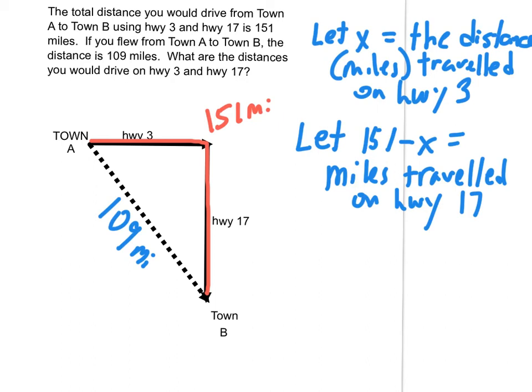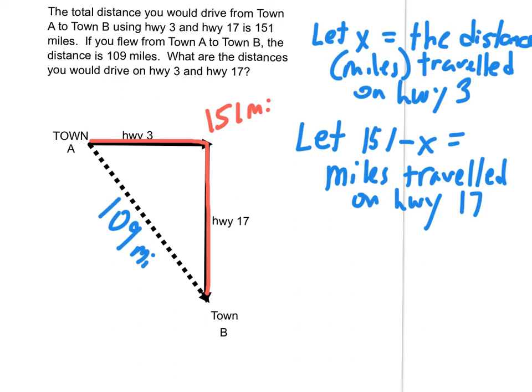The reason why it's 151 minus x, for example, is that if this distance was 50, I'd go 151 minus 50, which would leave 101 on that. If this was 60, that'd be 151 minus 60, which would be 91. So it always sums to 151.